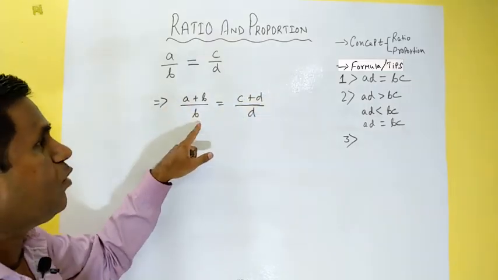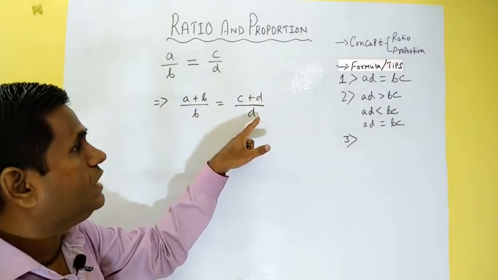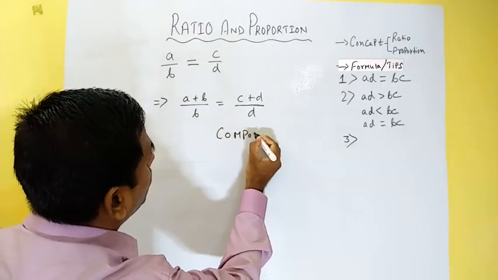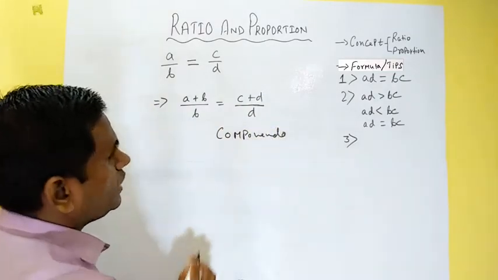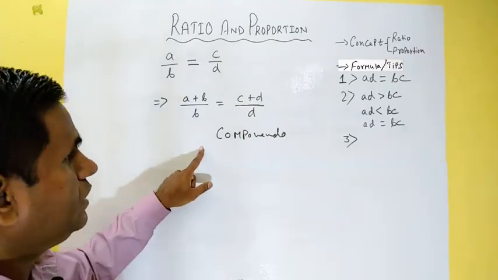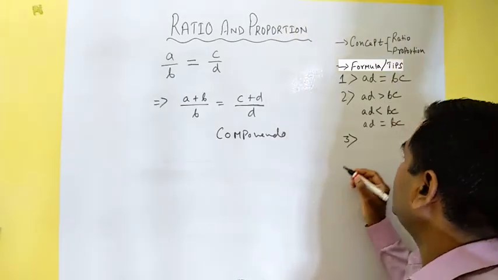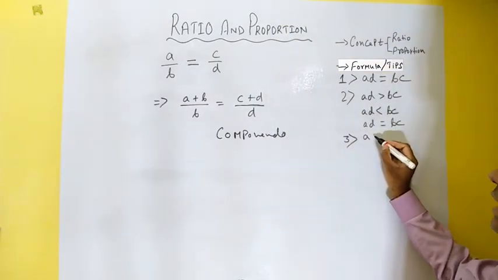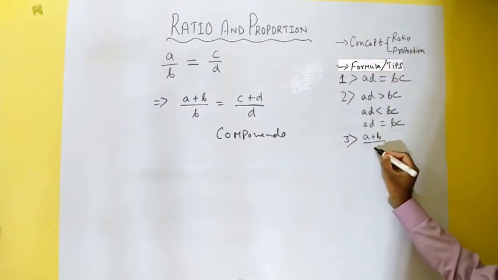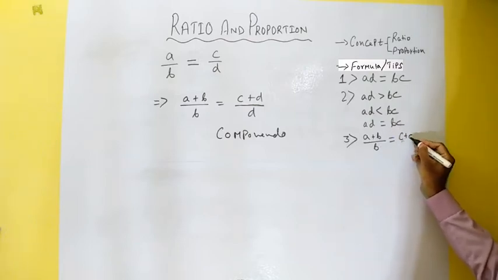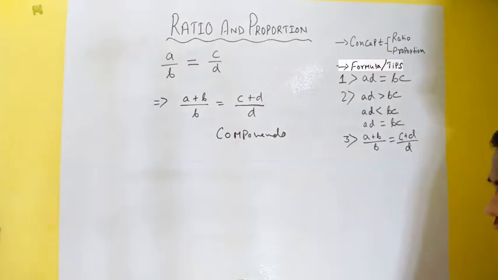This is called as componendo rule, okay, in ratio. So I will write it here, which is A plus B upon B is equal to C plus D upon D, okay.